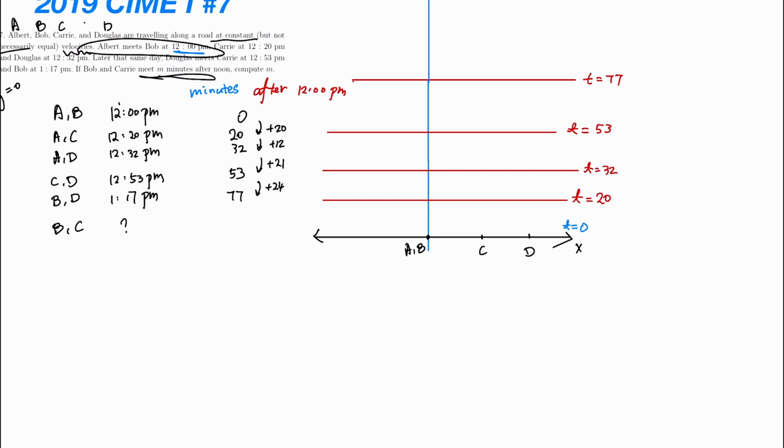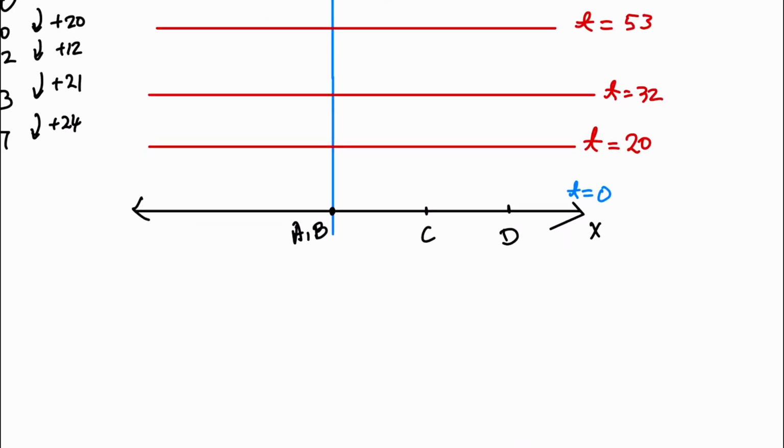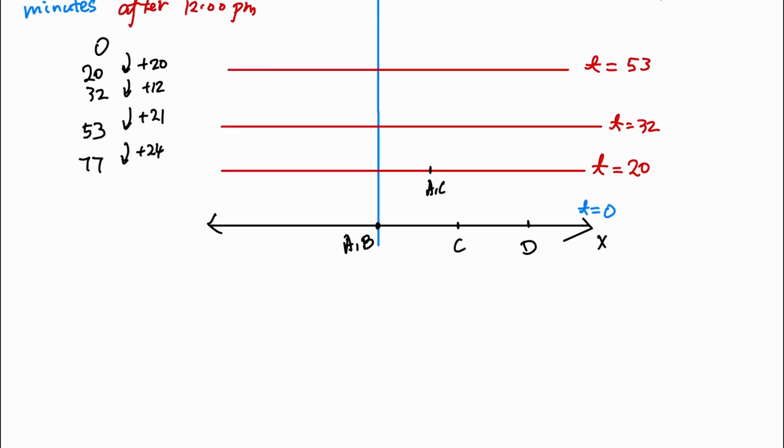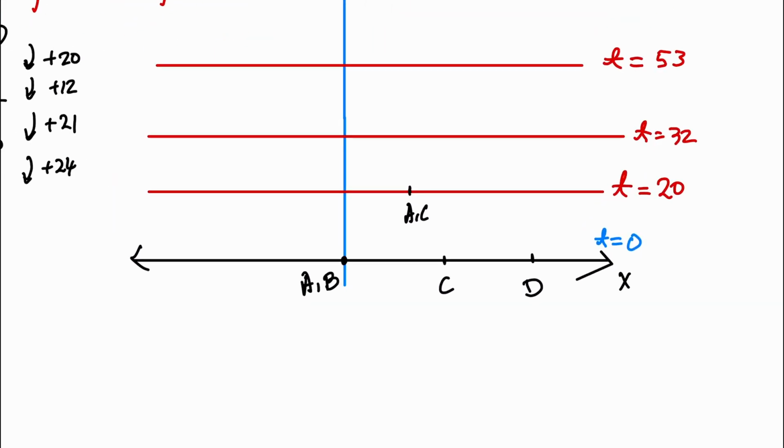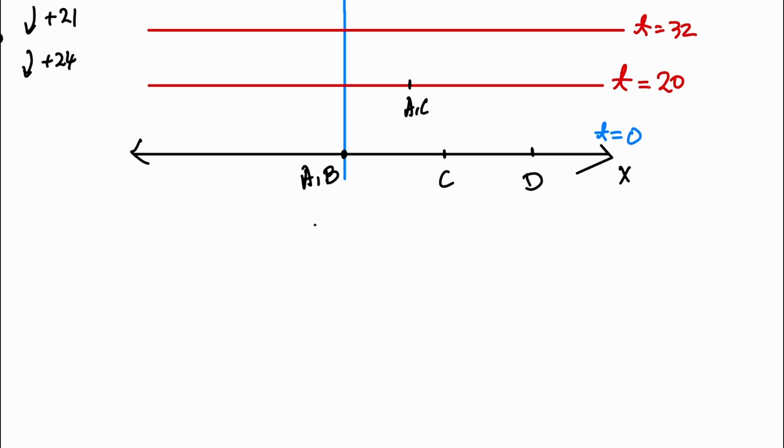A and C meet at t equal to 20. So, well, maybe they will meet here, A and C. We don't really know, but we can think of one of the persons as staying at one point, or having a velocity of 0, because everything is relative between these 4 people, and we can just let one of them be the position observer, set its velocity equal to 0, and adjust the others' velocities to fit it.